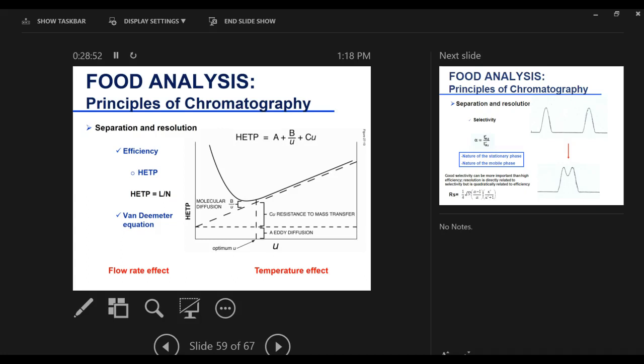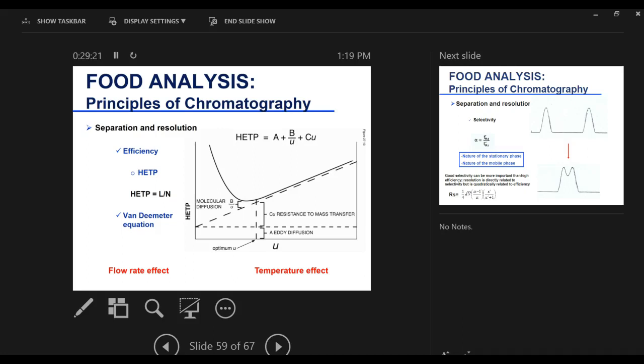The last factor is mass transfer. That means how fast your molecule or compound is going between the stationary phase and the mobile phase. If you have particles that have pores or large pores, when your solute is moving in and out and enters a pore, it's going to be delayed.